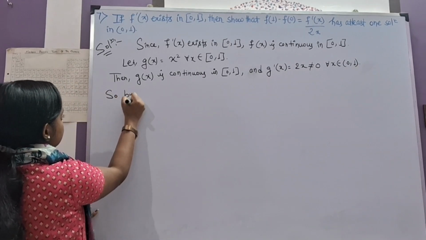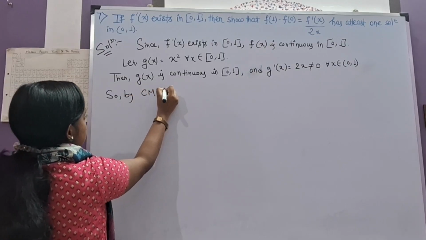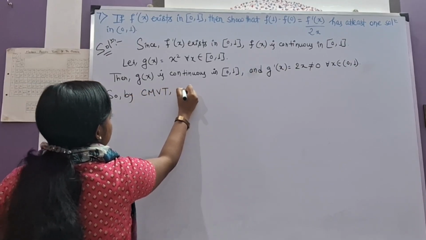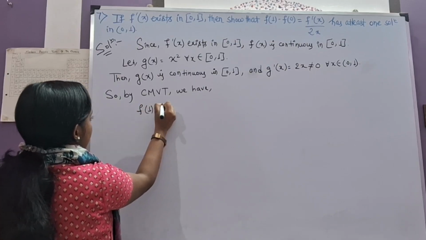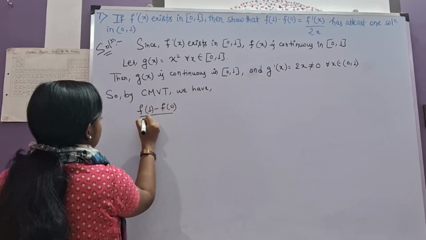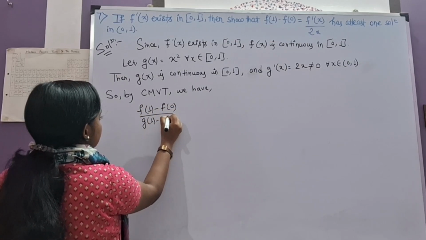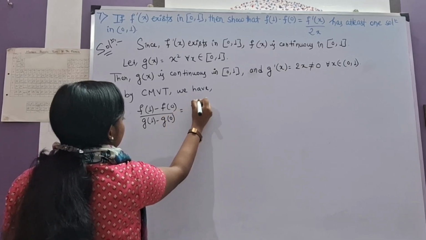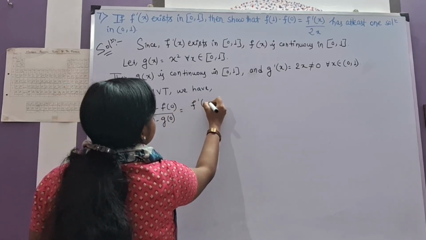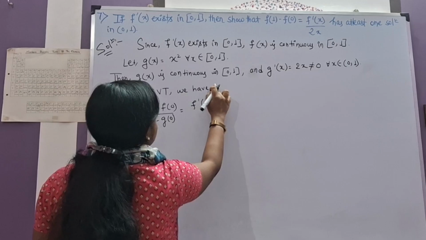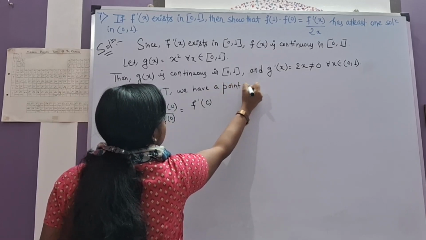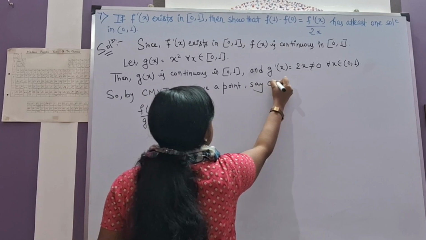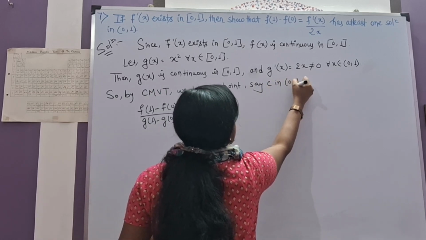So by Cauchy's mean value theorem, what do we have? We have (f of 1 minus f of 0) by (g of 1 minus g of 0) equal to f dash of c by g dash of c, for a point, say c, in open interval 0, 1.